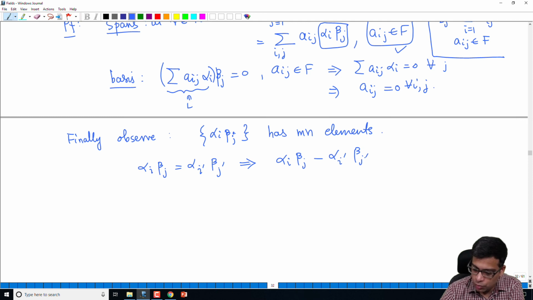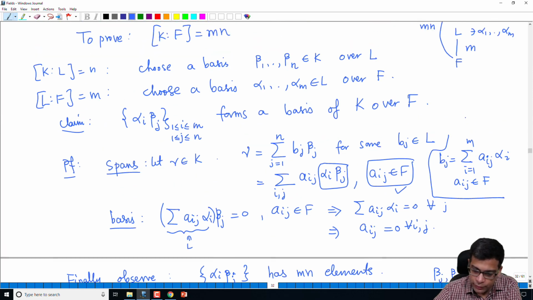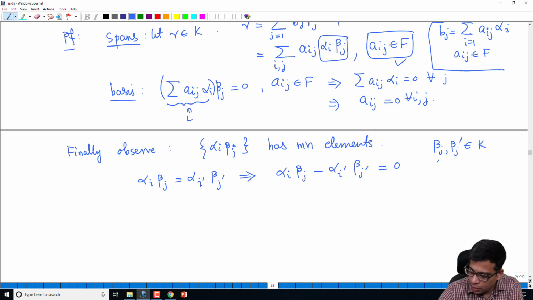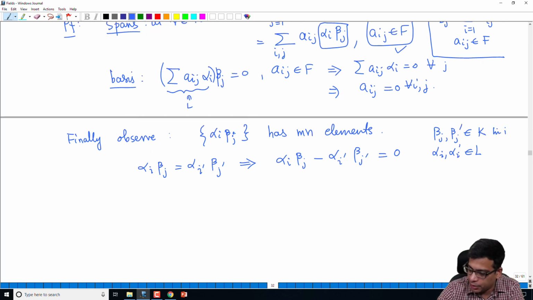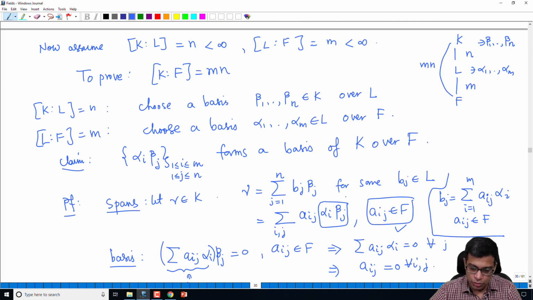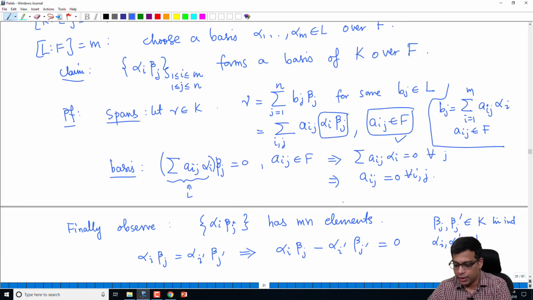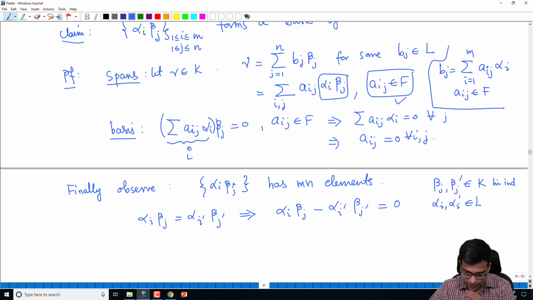Okay, so now this is 0, and remember beta j and beta j prime are in K, and alpha i and alpha i prime are in L. Now remember that beta j and beta j prime are linearly independent because they are part of a basis. So beta 1 through beta n are a basis over L, and here we are just taking two of them. They form a linearly independent set.